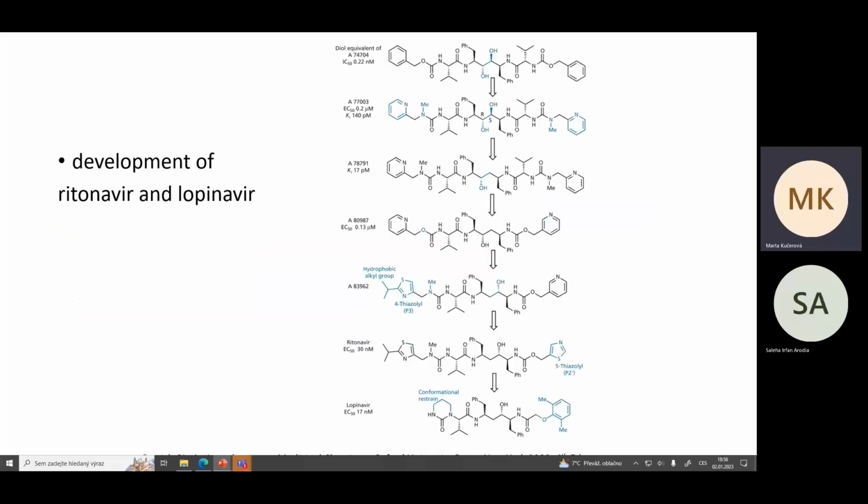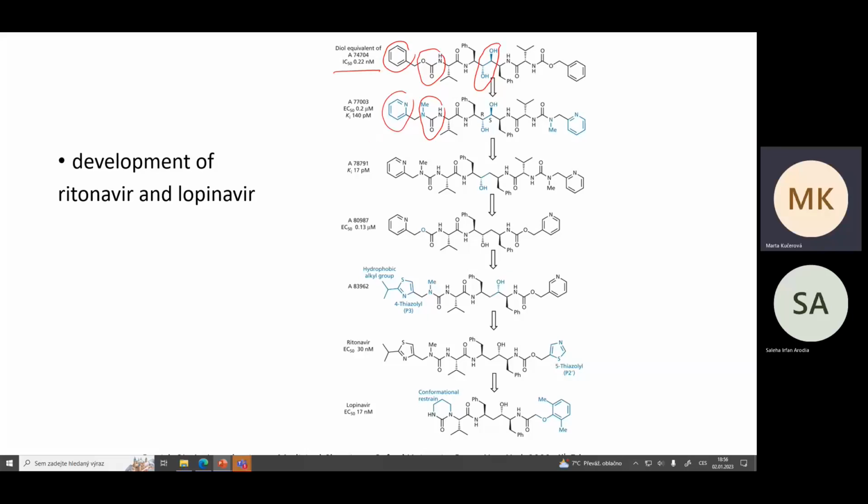And the optimization was quite long. The first compound was the target diol, but it was very badly water soluble. So what they did with the molecule, they exchanged the carbamate for urea moieties and exchanged the benzene rings for pyridine rings on both sides.